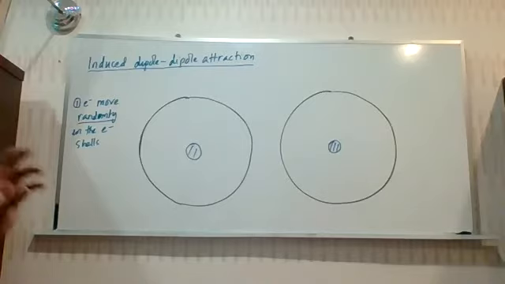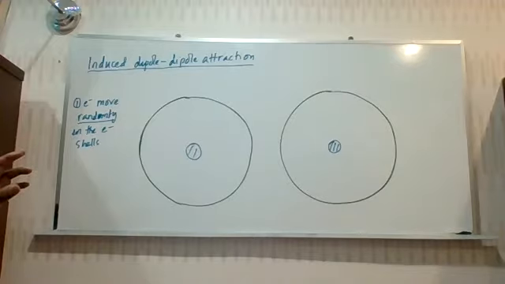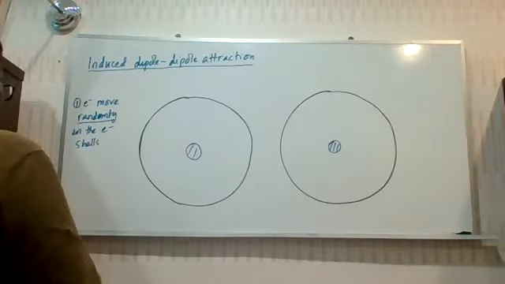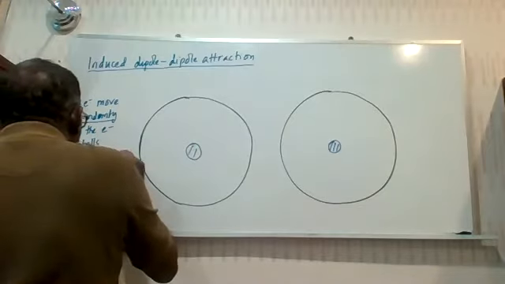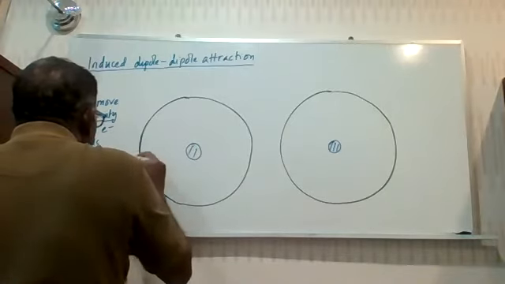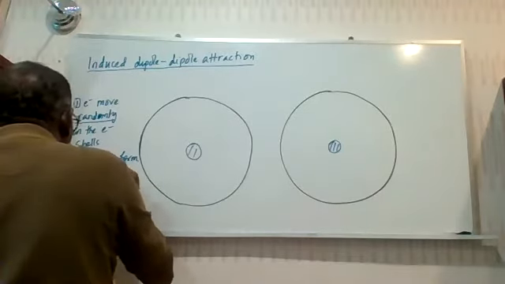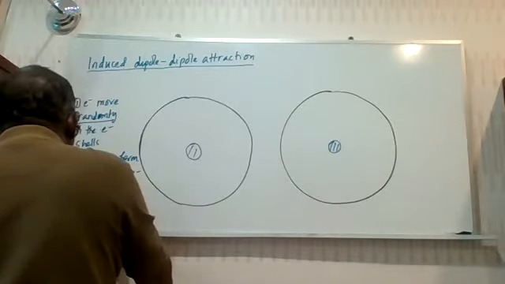Of course, they have a spin number. They either move anti-clockwise, another set of electrons move in clockwise direction. But the point is they're moving randomly. So because of this random movement of electrons, you are bound to get what we call non-uniform distribution of electrons around the nucleus.